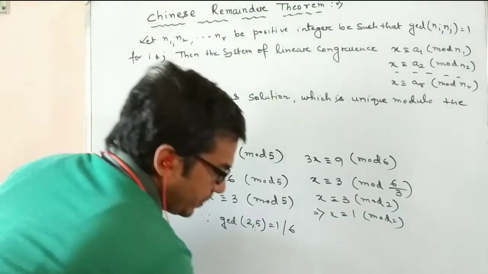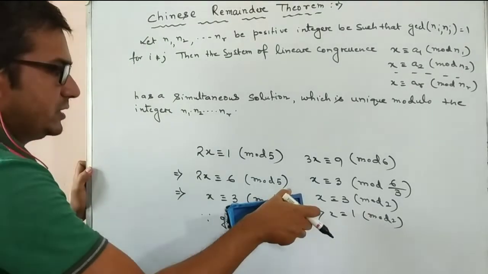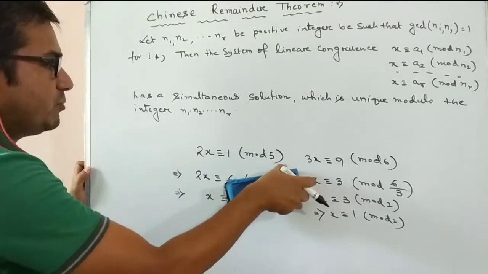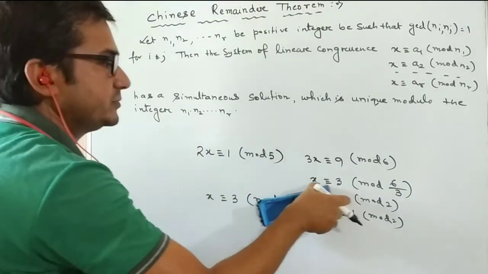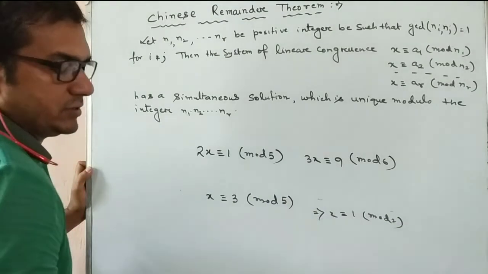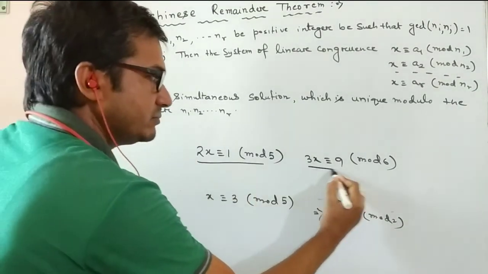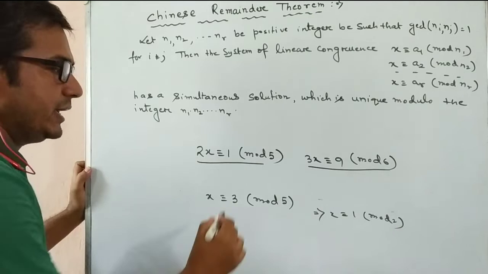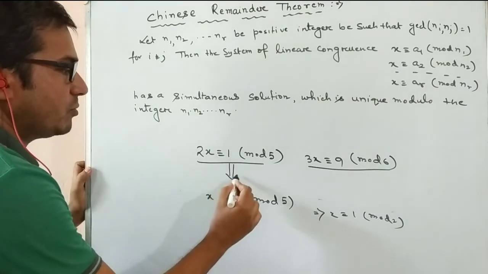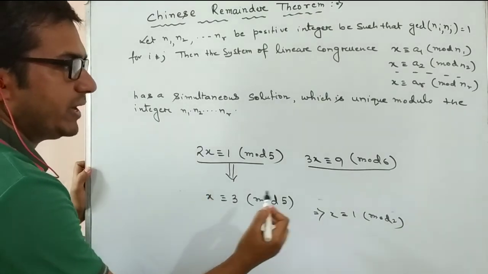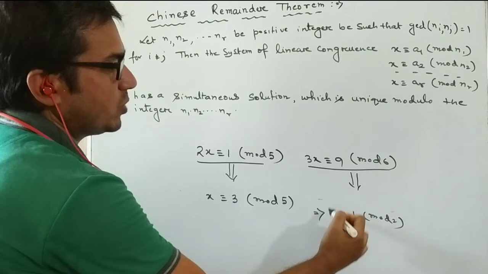So we see that this type of equation, if they have a solution, can also be transformed to the form x congruent to 3 mod 5 and x congruent to 1 mod 2.